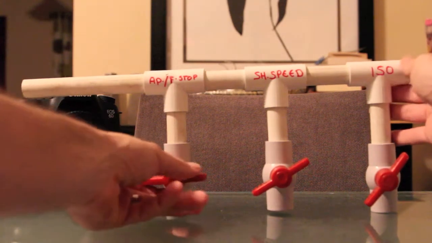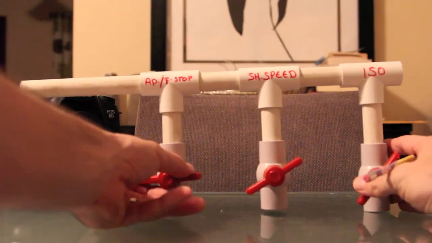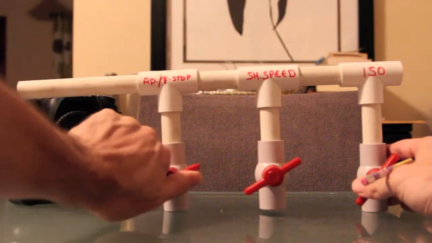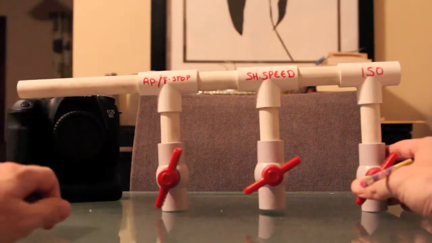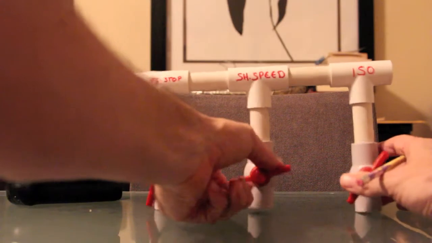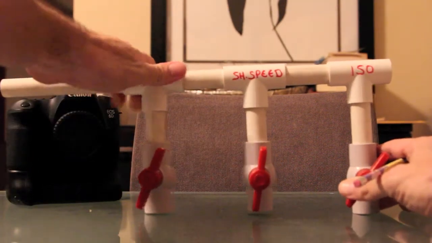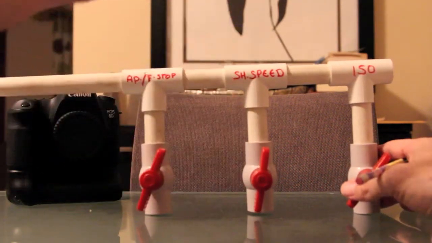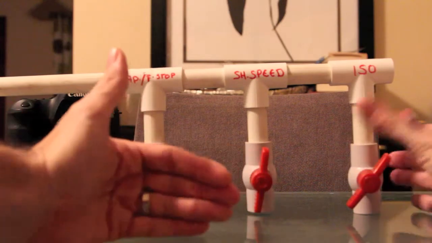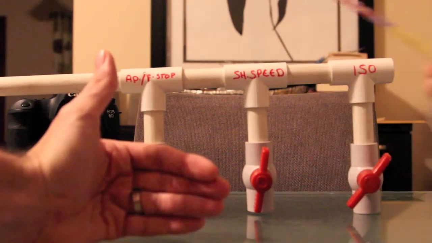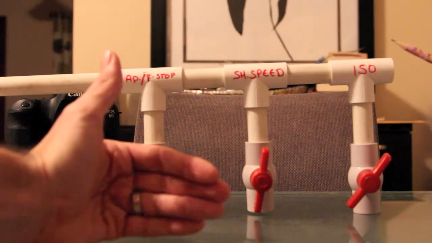So let's say that instead of at f2 I decide to turn down my aperture, say to f8. So by turning that valve, now I have to either turn up my shutter speed, it was at 1/200th of a second, now I have to change my shutter speed. In other words, it needs to close slower. So I need to allow more light in with the shutter speed or crank up my ISO.